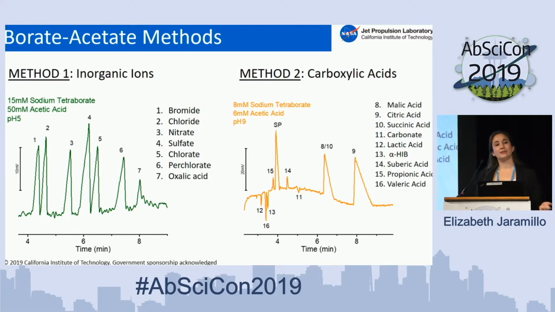And then I basically did the inverse in order to develop the carboxylic acid version of this. I took the sodium tetraborate that's being used for the chiral amino acids, and I titrated that with acetic acid to about the pKa of sodium tetraborate, and I used that to separate out these carboxylic acids.